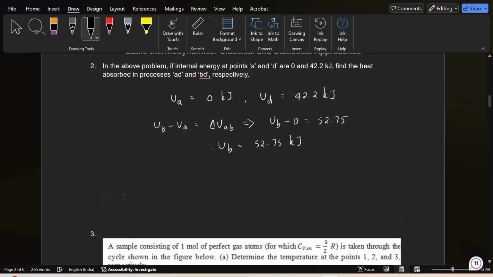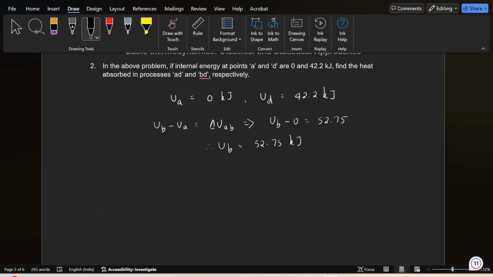The next thing is path BD. Path BD is isochoric. That means no volume change, which implies no work done along that path. So delta U BD is equal to the heat flow into the system.